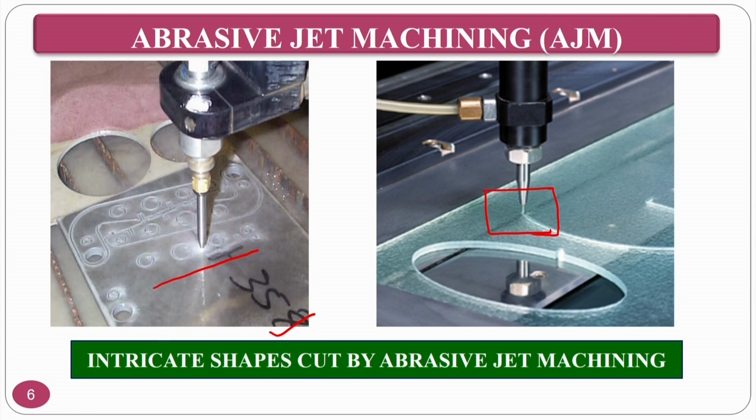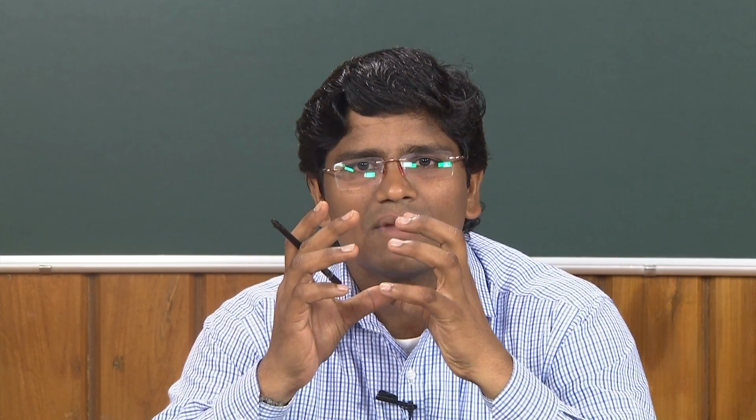As you have seen in the previous slide, there is abrasive jet machining and abrasive water jet machining. In abrasive jet machining, you are going to use air or some gas as the carrier medium. In abrasive water jet, you are going to use water, which is a liquid, as the carrier.